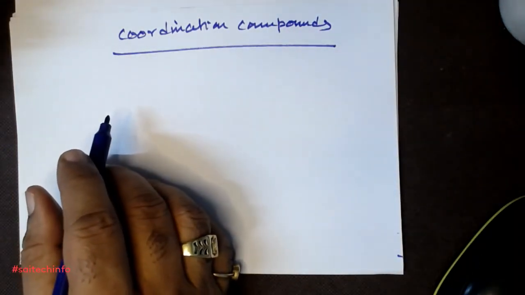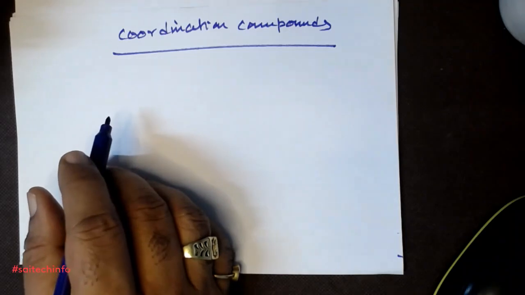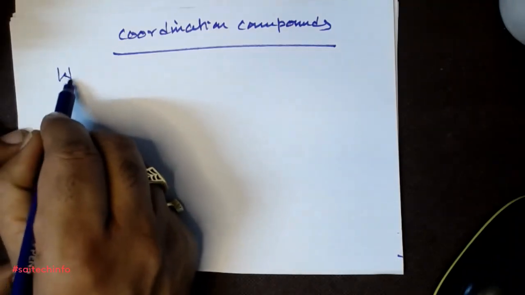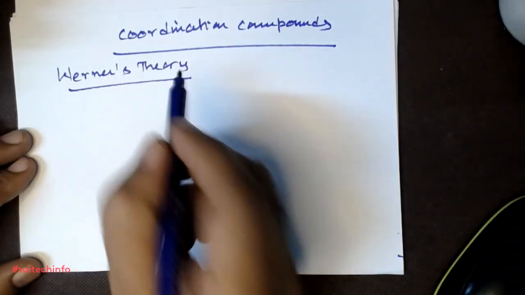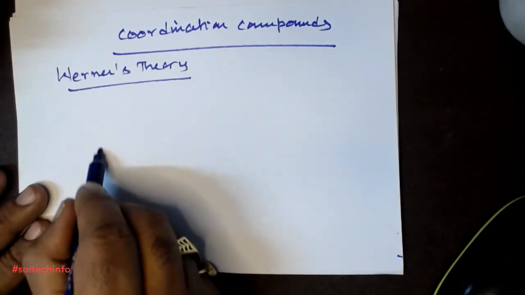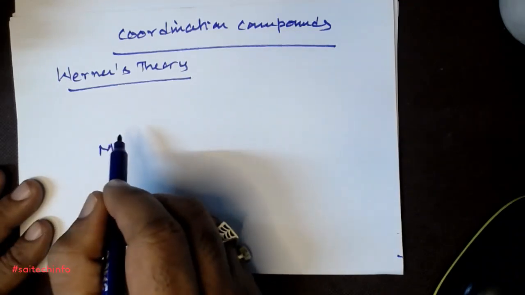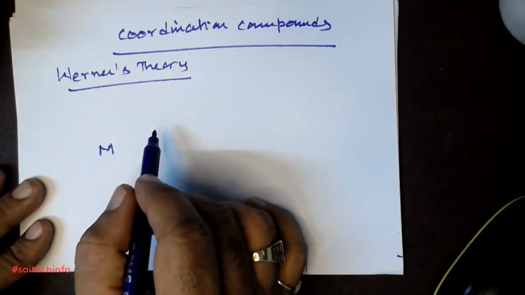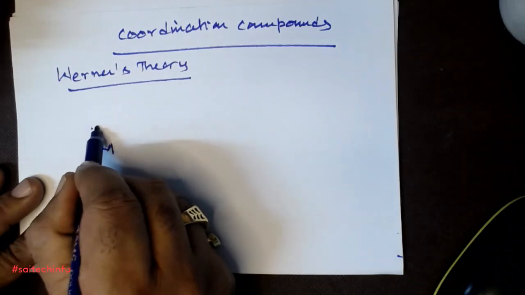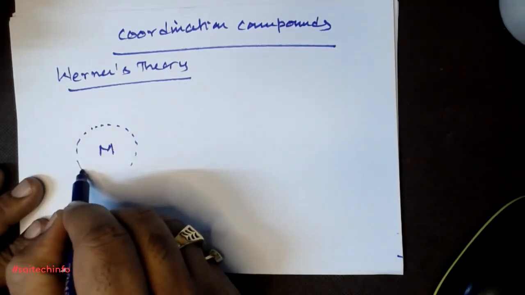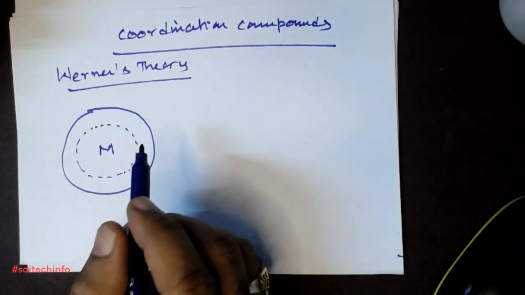According to Werner's theory, he suggested that there is a central metal atom around which ligands are present. So this central metal has two types of valency, primary valency and secondary valency.